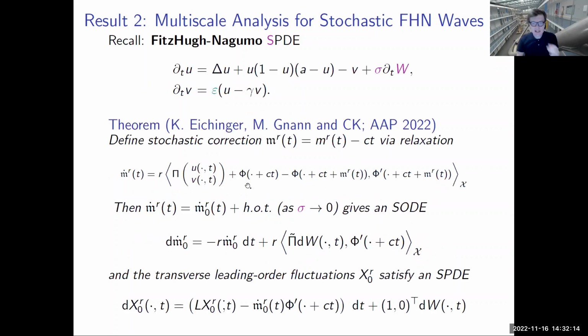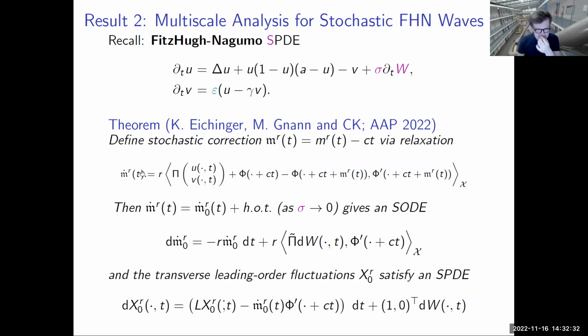Okay, so now let's take this FitzHugh-Nagumo SPDE and add the noise, and suppose we have additive noise with a sufficiently nice specification of the noise, and you define a stochastic correction operator that's defined via relaxation. This is a little bit of a mouthful here.